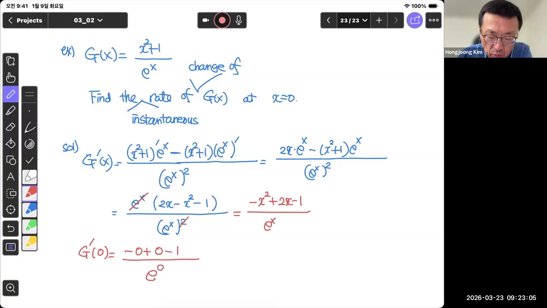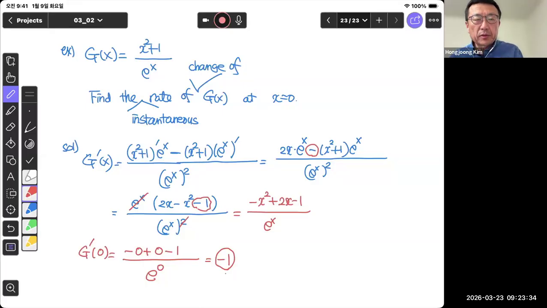E to the 0 is 1, so the final value will be negative 1. And please note that I have this negative 1 because I had a negative sign in front of x squared plus 1. So the instantaneous rate of change of this g of x function at 0 will be negative 1.